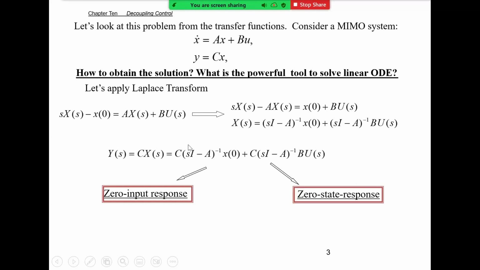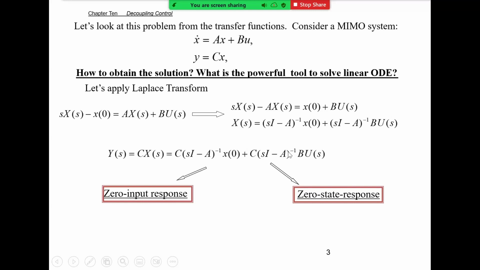The response due to the initial condition only is called the zero input response. When the input is zero, you may still have some response due to a non-zero initial condition. Then this other term we call the zero state response.